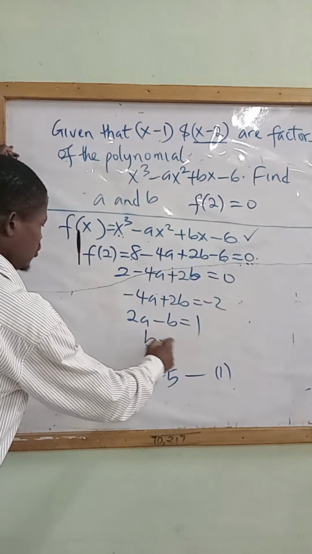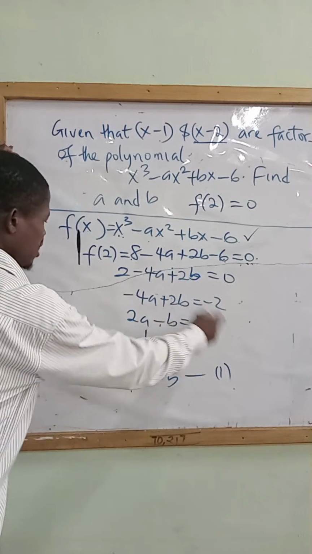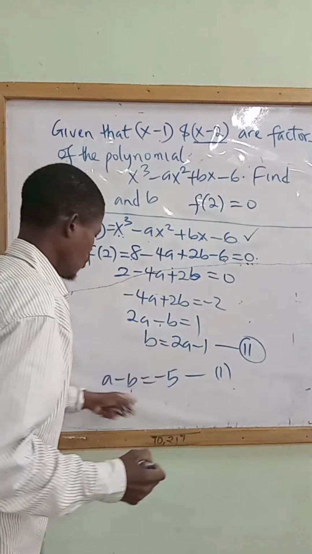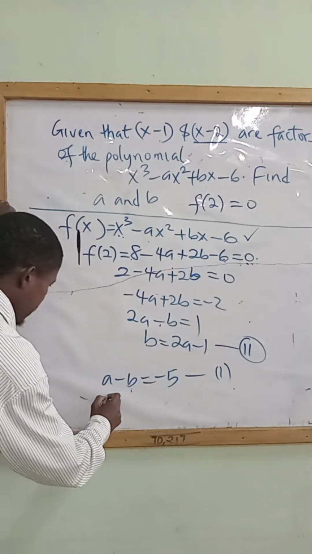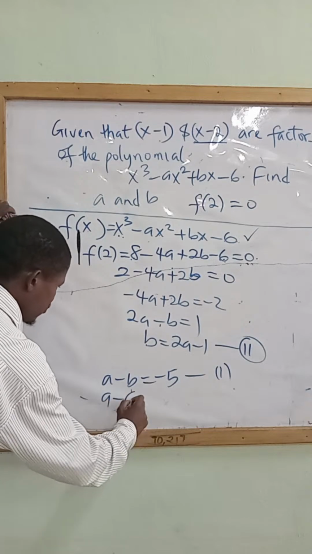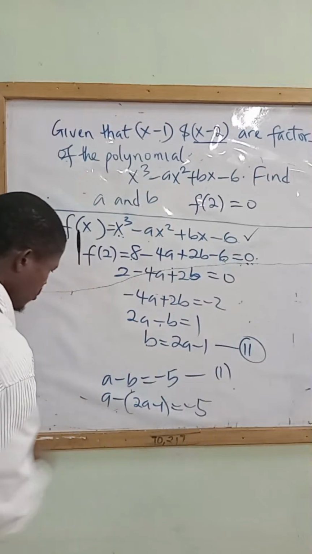So we can make b the subject here. b is equal to 2a minus 1. Substitute equation 2 into 1. So we're going to have a minus, my b is 2a minus 1, equal to minus 5. Open the brackets.